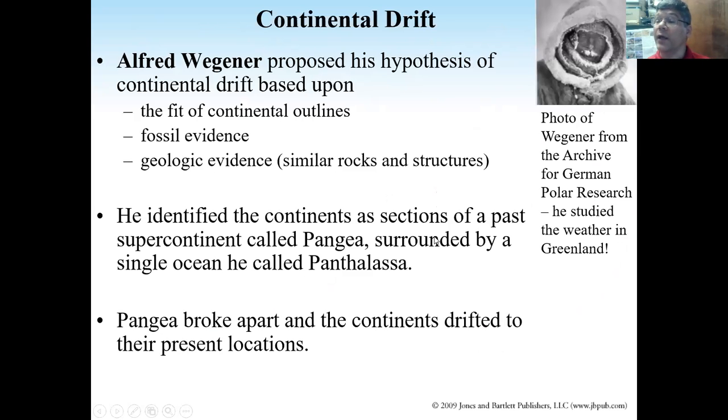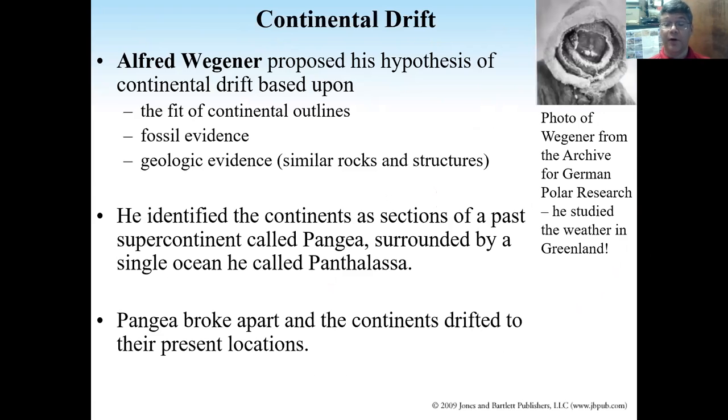The key figure in initially popularizing the idea was Alfred Wegener, and his model is known as continental drift. This was based on not just the fit of the continents, but by the early 1900s, Wegener had additional information.